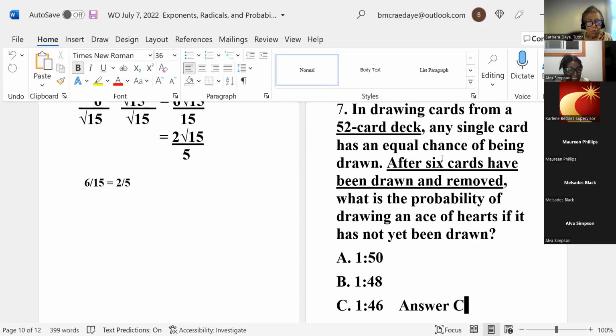You have red cards, hearts and diamonds. You have black cards, spades and clubs. Each of those you have 13. So 4 times 13 is 52. And within each suit, you have ace, king, queen, jack, 10, and then all the numbers.